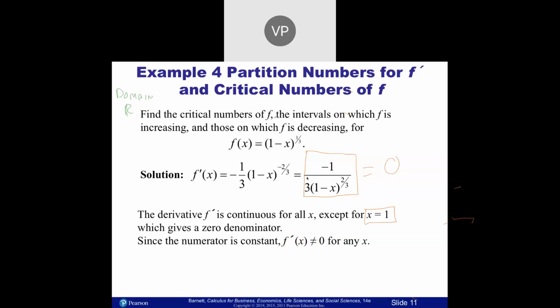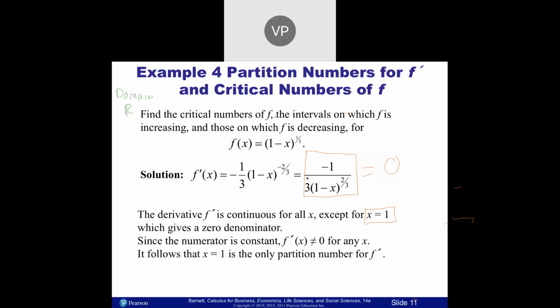Well, the reason is, let's set it equal to 0, and when you solve this, maybe I'll multiply both sides by this, I get -1 is 0, I get no solution. Now, all that means is nowhere is your derivative equal to 0, so you're never going to have a horizontal tangent line. You're never going to have a place where our graph has a slope of 0. But it doesn't mean we can't increase or decrease. So that's what our next part is.